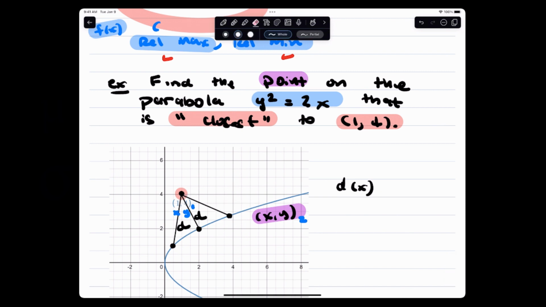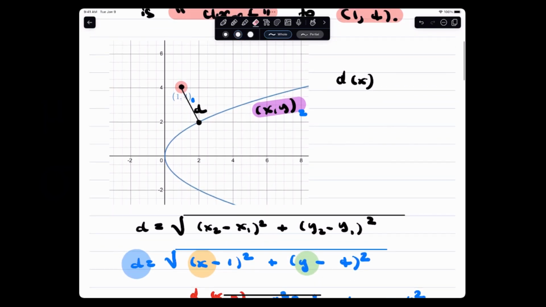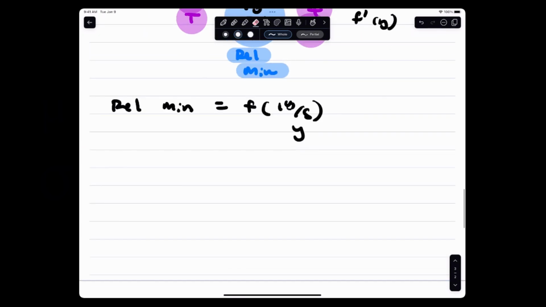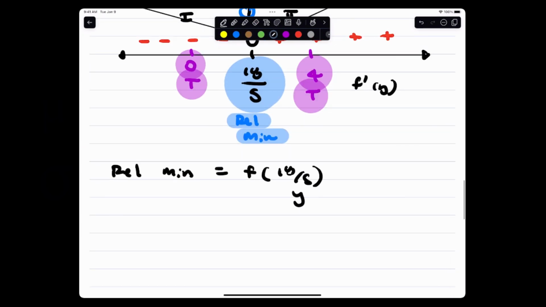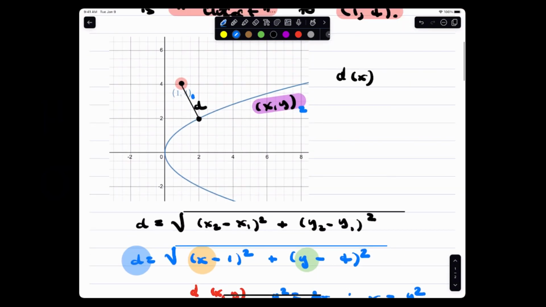What's the y coordinate here on your curve? 18 fifths. What is that? Isn't that like 3 and what? This y value, isn't that 3 and 3 fifths? I think so. 3.6 or so. Anyway, it looks like it's 3.6.